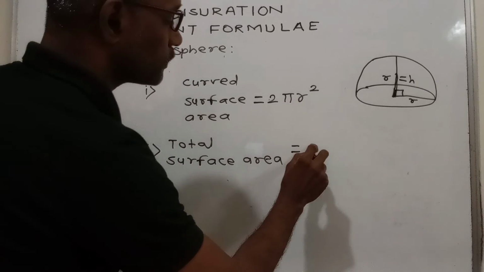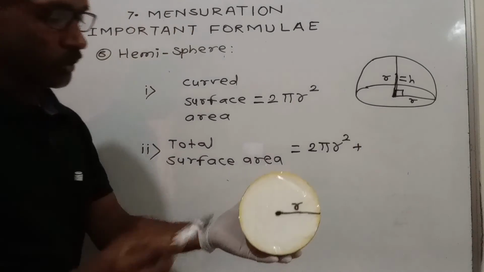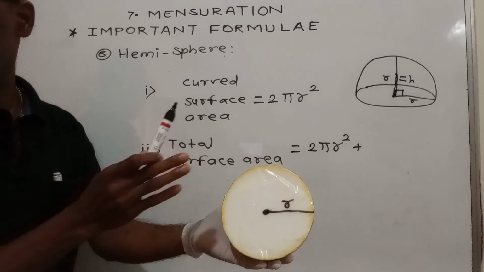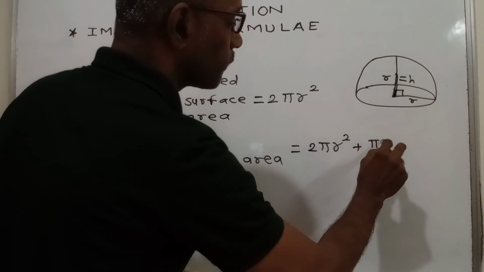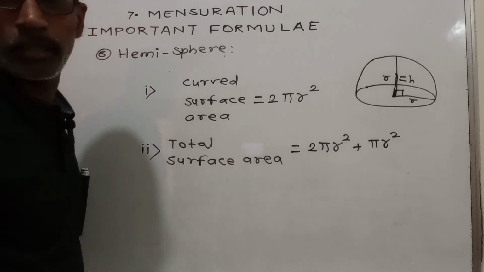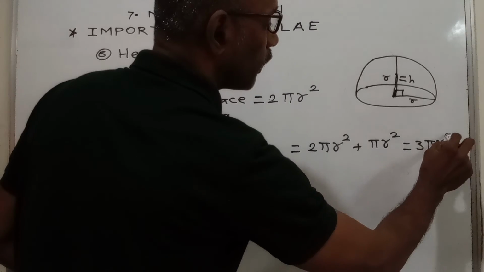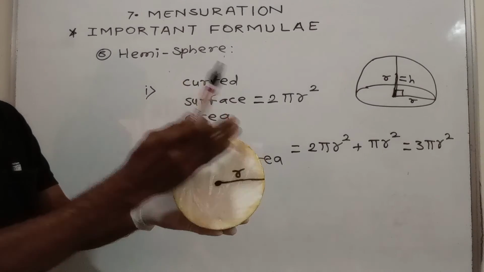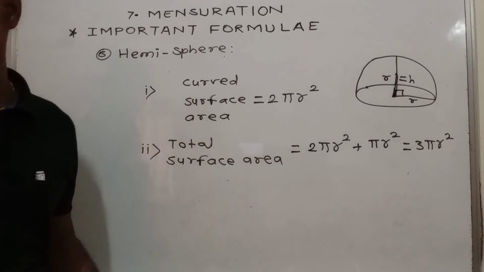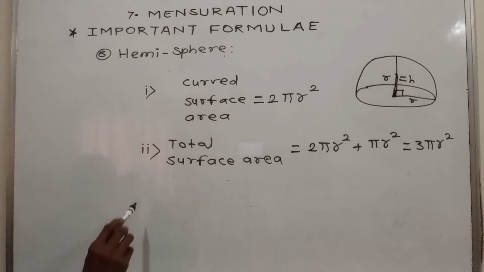Curved surface area is what? 2 pi r square, plus this is a circle, a plane or flat surface, that is circle pi r square. Therefore 3 pi r square. That is total surface area. Total surface area means this area plus curved surface area. Did you get it?